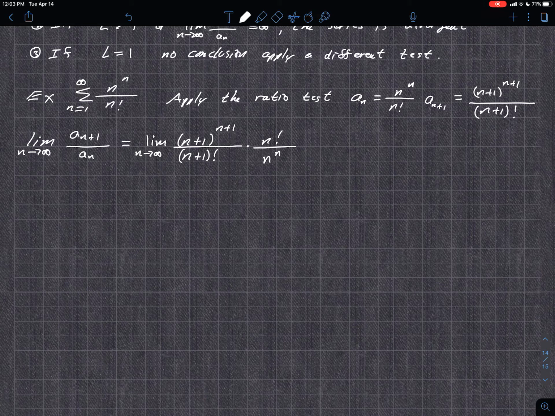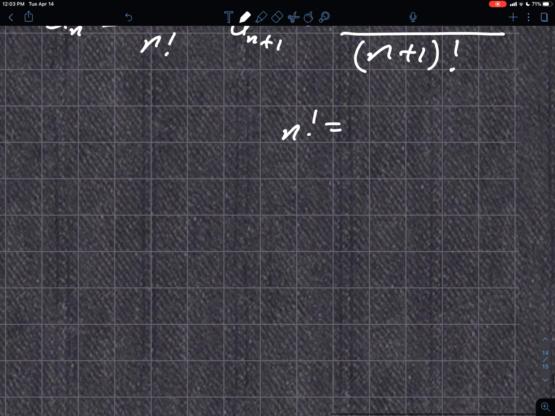When you simplify that, remember what everything does. n factorial is n, n minus 1, all the way down to 3, 2, 1.